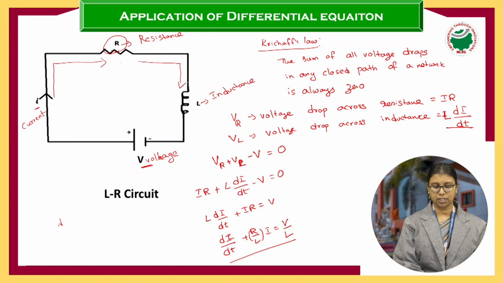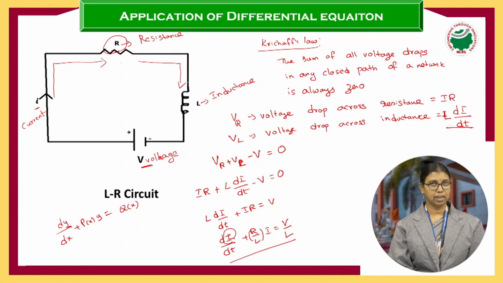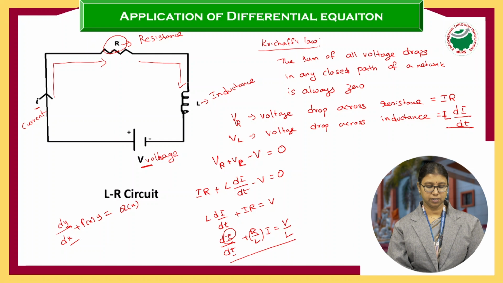The form is dy by dx plus p of x into y equals q of x. Here y is your current I, in place of x we are taking t, p of x is R by L, and V by L is your q of x.